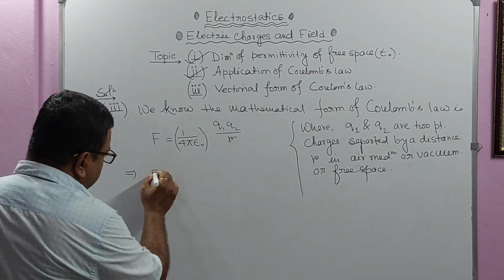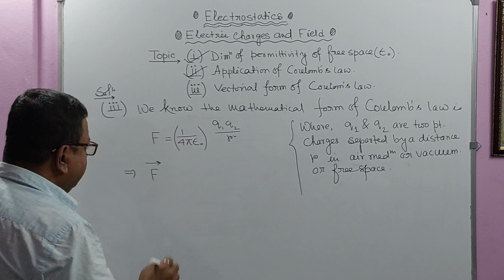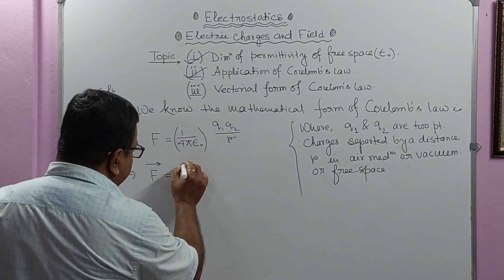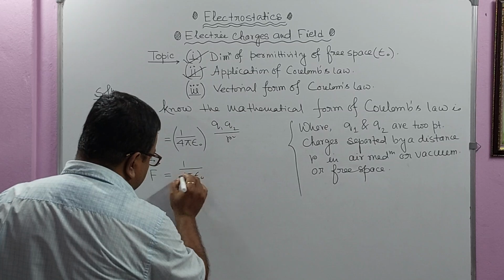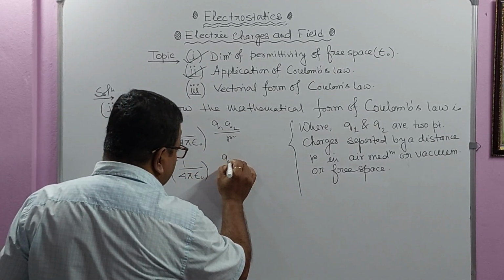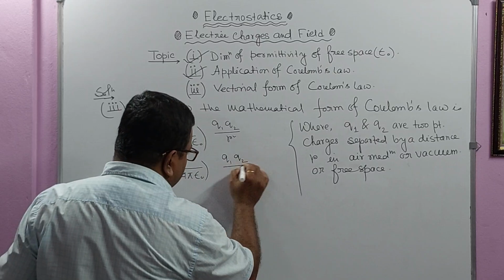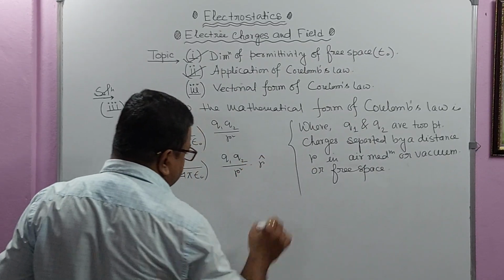So when we put a vector sign on the left hand side, then 1 by 4 pi epsilon naught, or you can write it as k, q1 q2 by r square, then there is an r cap.